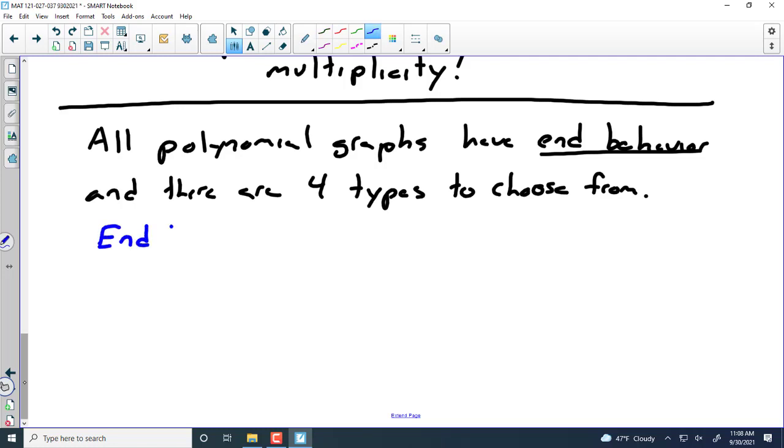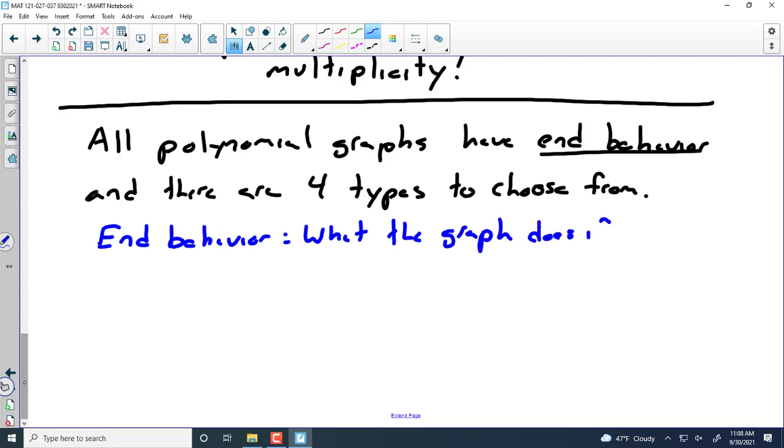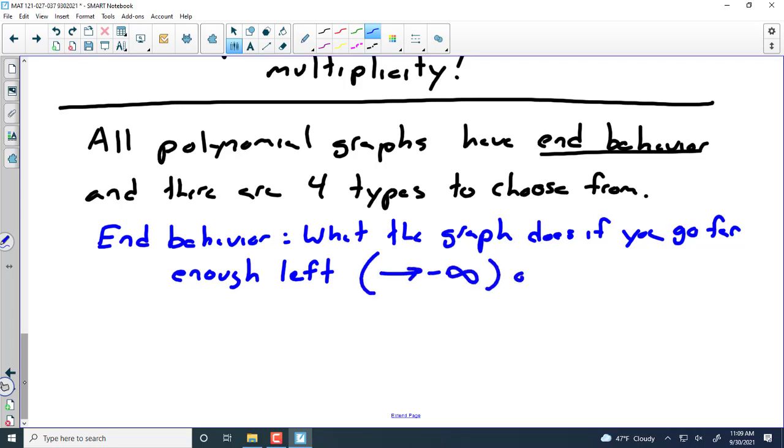End behavior: what the graph does if you go far enough left out towards negative infinity or right out towards infinity.